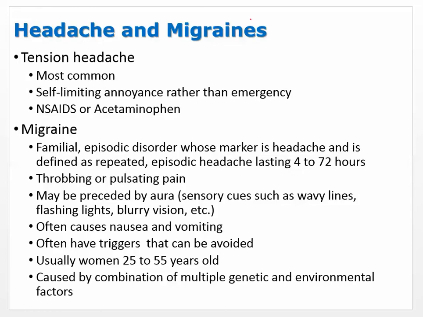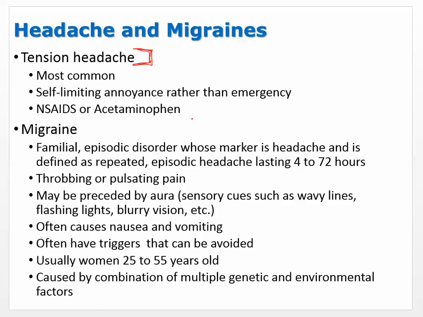Okay, so headaches and migraines. We've all probably had headaches. I don't know that for a fact, but I have. Most of any headache I've ever had has been a tension headache, and that is the most common. It's a lot of times caused from just tight muscles.